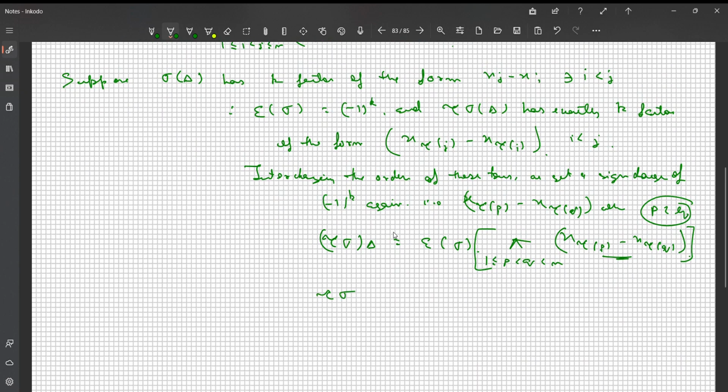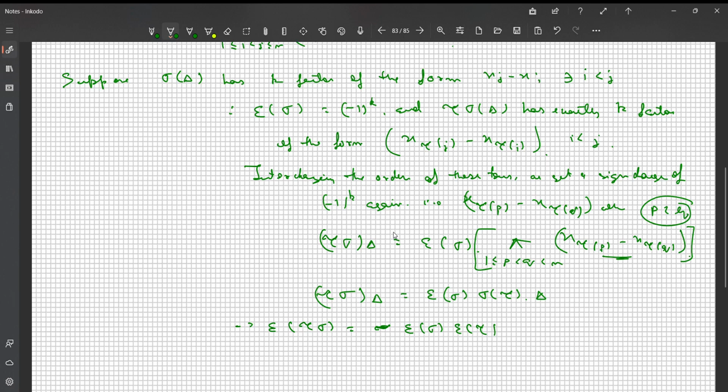So this is completely independent of whatever we had done with sigma, right? So obviously the sign change of sigma will simply come outside. And on analogous steps, this becomes epsilon sigma times epsilon tau of delta, right?